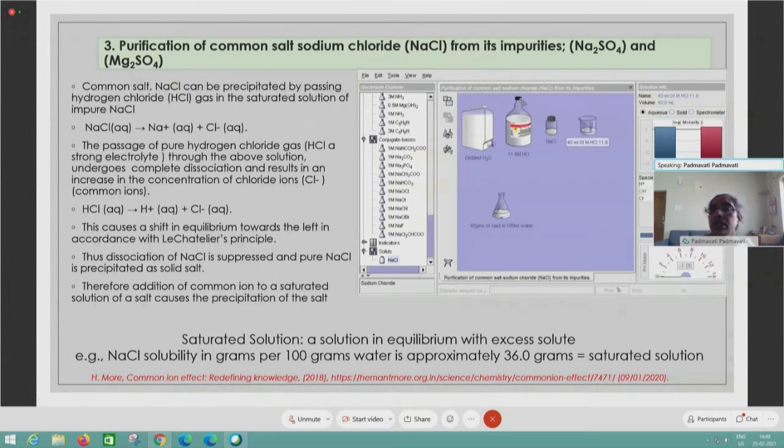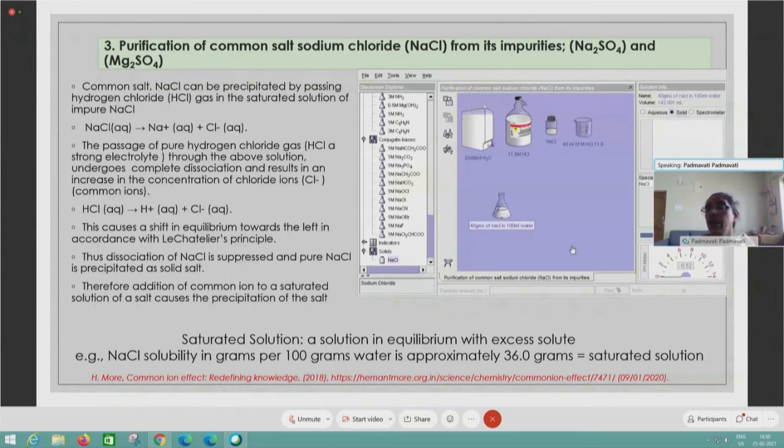So 40 ml of HCl is taken, 11.6 molar, and it is added and kept aside. Then you click the solid radio button, and you can see the sodium chloride, 4.33260, has been precipitated out, right?